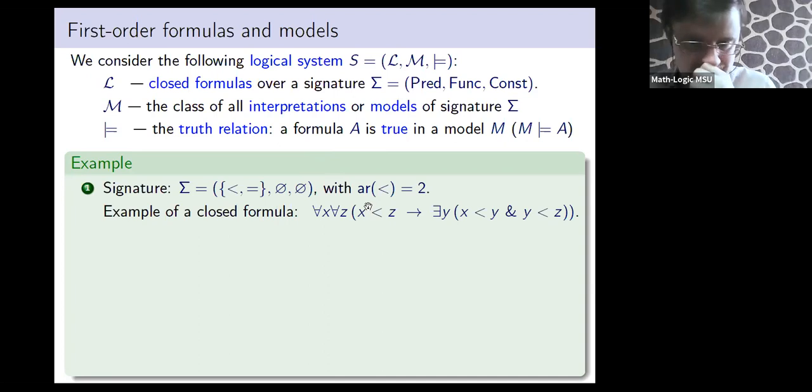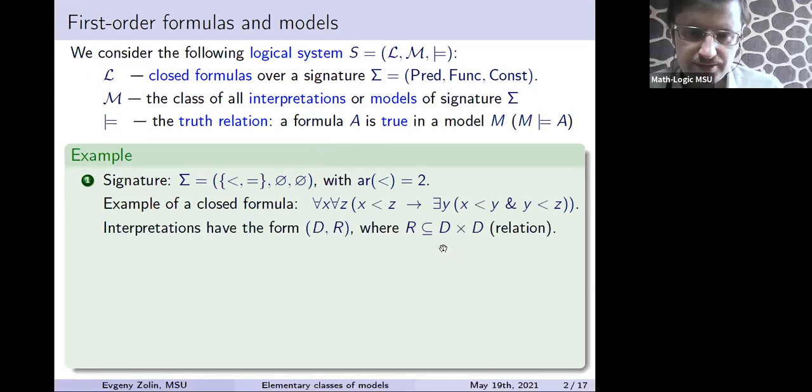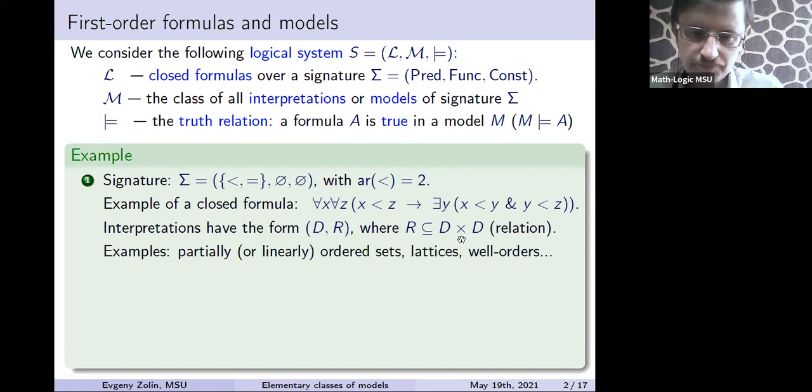In fact, it says that between any two elements, there is a third element. The interpretations of this signature are of this form: we have a non-empty set D and a binary relation on it.